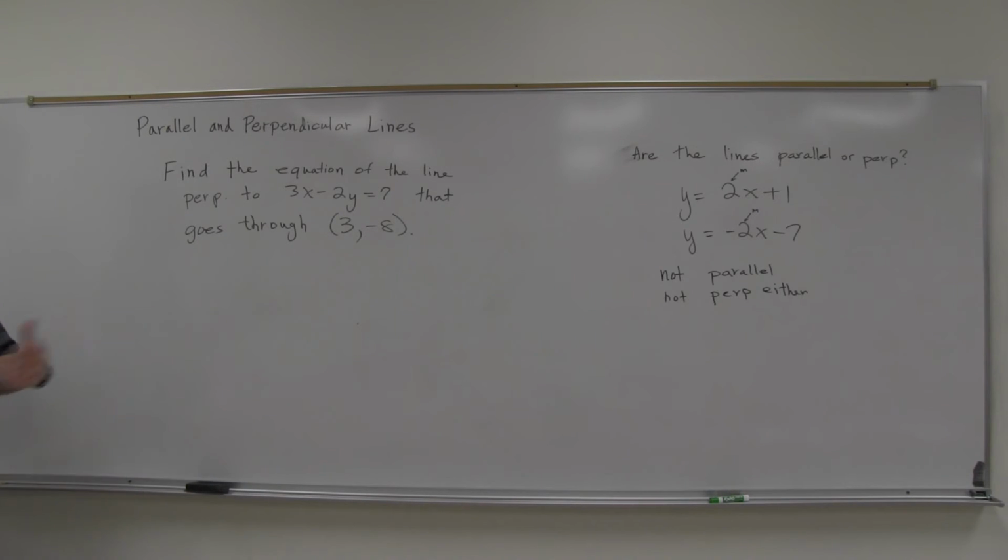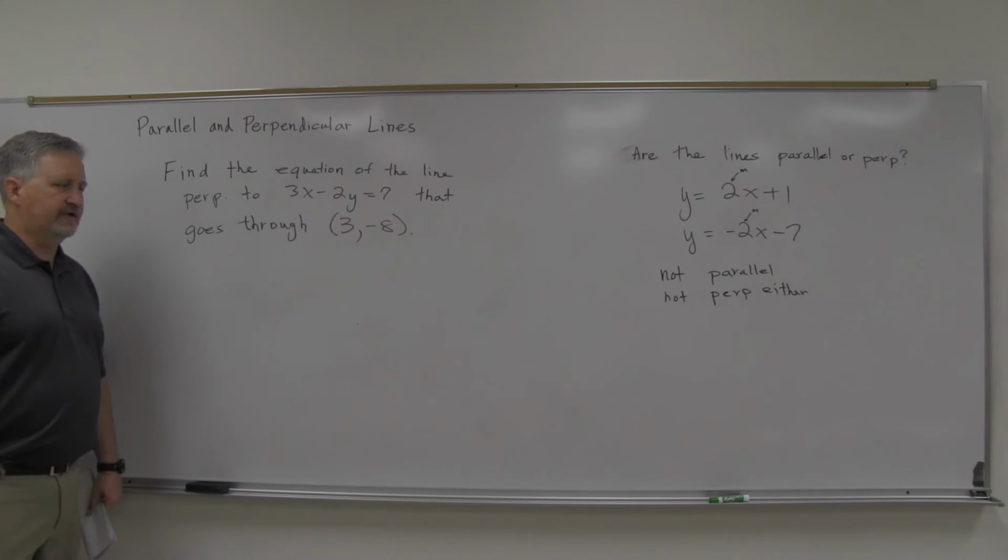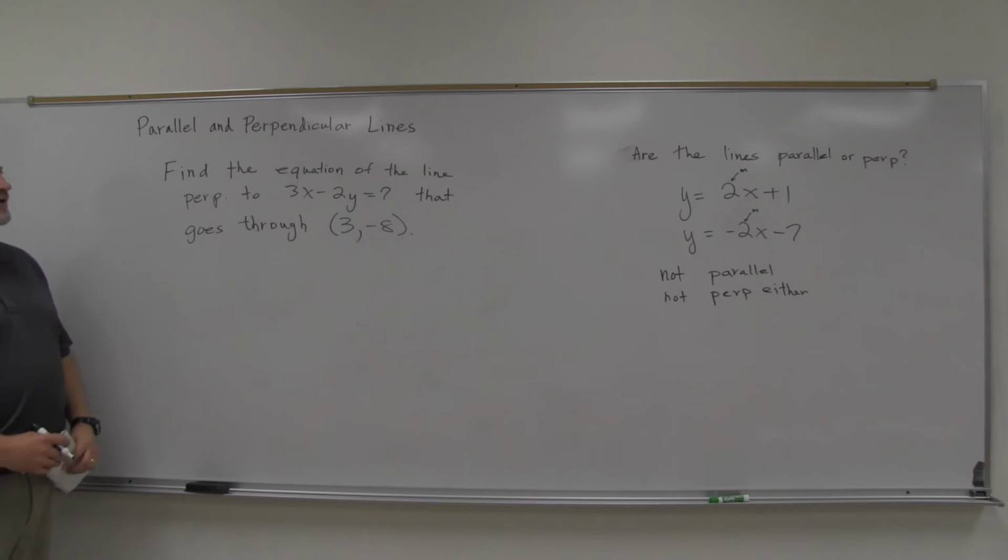So essentially, same as we were doing before, just adding an extra step and actually find the equation of the line perpendicular. You know, could be parallel, but chose to do perpendicular here.